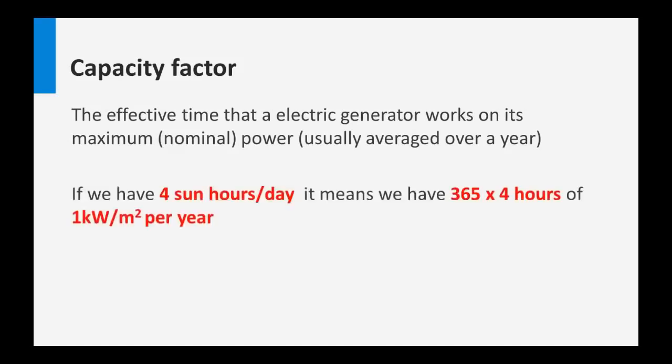So if we have 4 sun hours per day, it means that we have 365 times 4 hours of sun at 1 kilowatt per square meter irradiance per year. So it means that we have 4 hours per day that the solar cell is working at its maximum or nominal power.